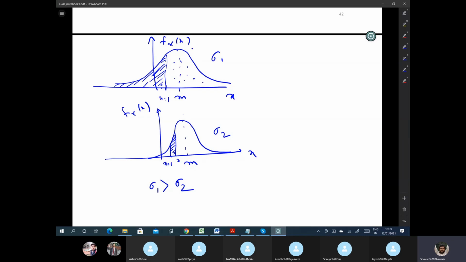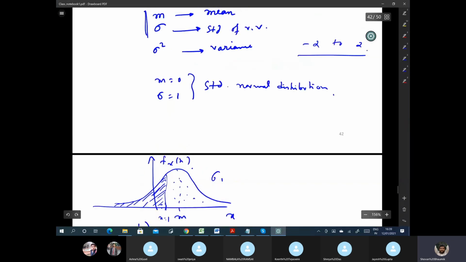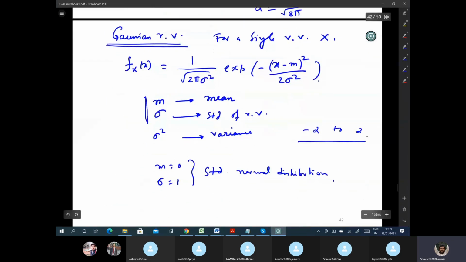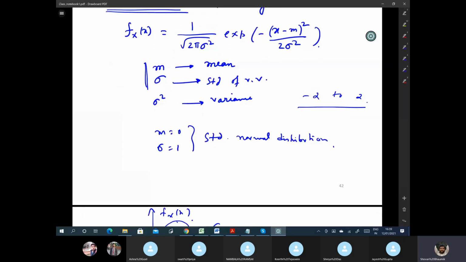Now tell me, this Gaussian is the most important. So is it fine, or do you have any other query? You should have, because this Gaussian distribution is more and more important. All of you know it, and you mostly work on the Gaussian distribution.